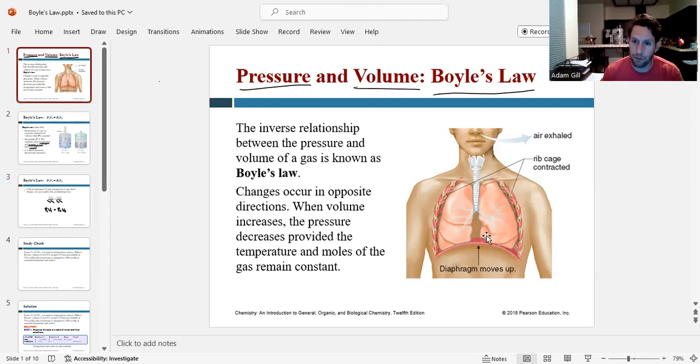And so because they're shrinking, the pressure in your lungs increases, which causes the air to be exhaled. And when you're inhaling, the diaphragm moves down, your lungs expand, and it creates a low pressure zone, so air enters your lungs. So let's do some practice problems with Boyle's law.